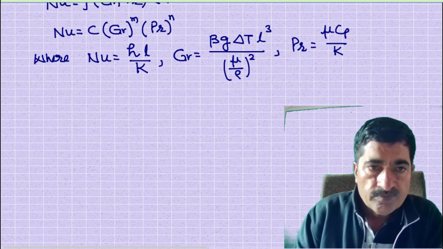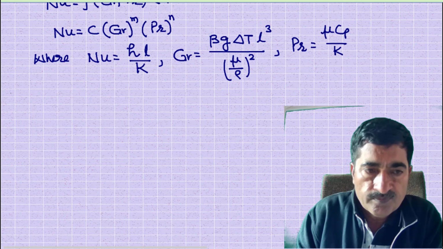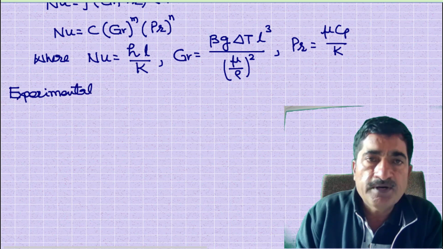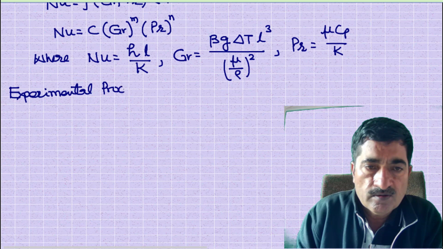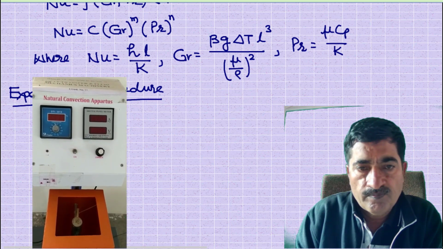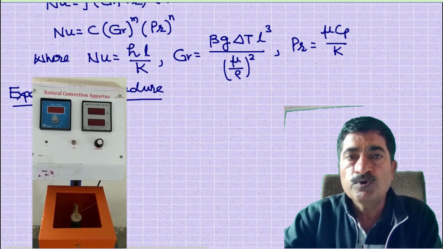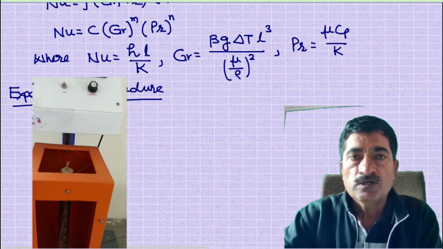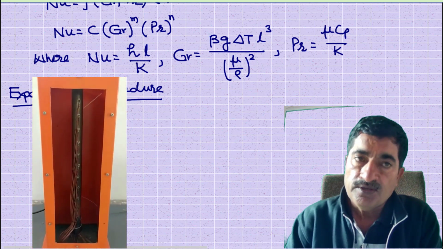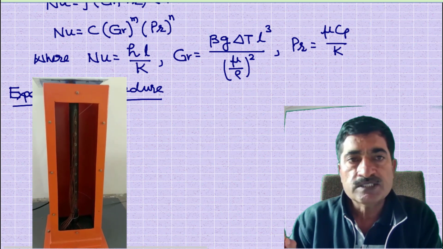Now the experimental procedure. First, put on the heater switch and adjust the heater input through the dimmerstat.